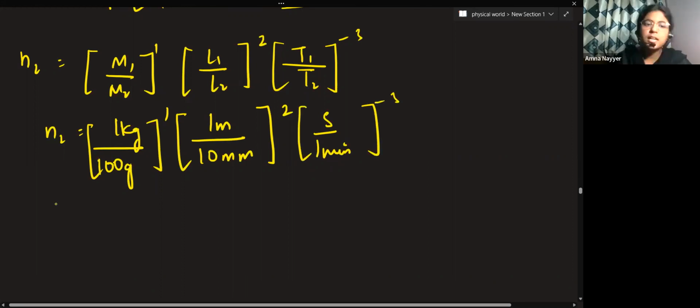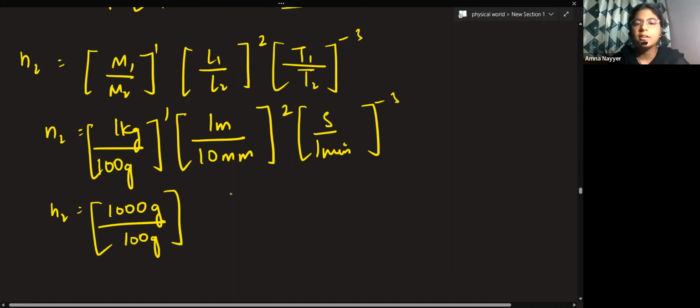Now first let us convert this, then we'll see the power. This will be 1000 grams. We just have to make it into a common unit so as to get them cancelled. This is by 100 gram to the power 1. 1 meter is there.